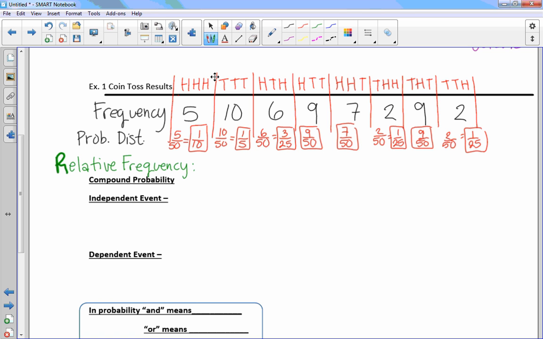Okay, relative frequency, remember there's a formula: frequency of the category over total frequency. So what's the relative frequency that we got heads, heads, heads?